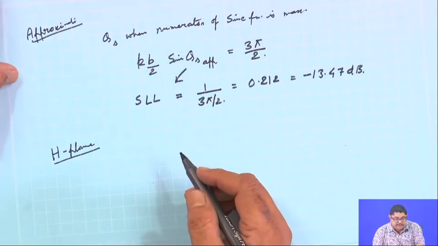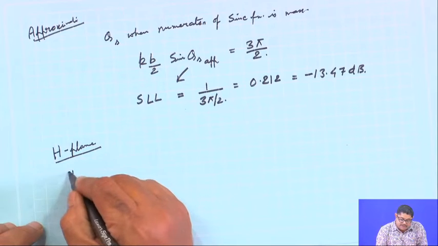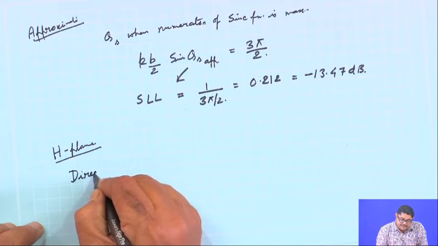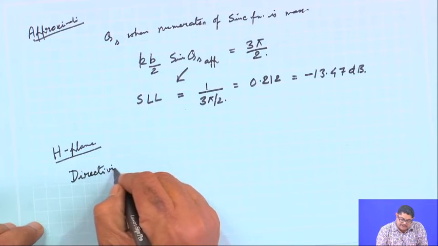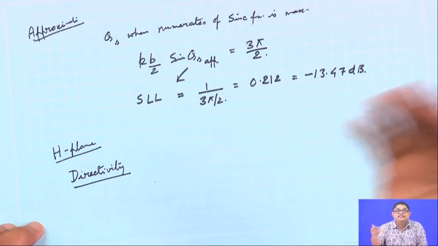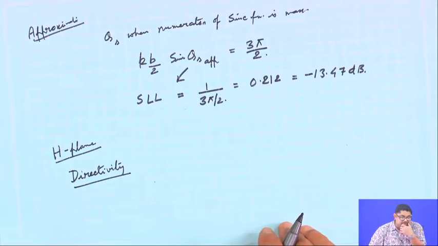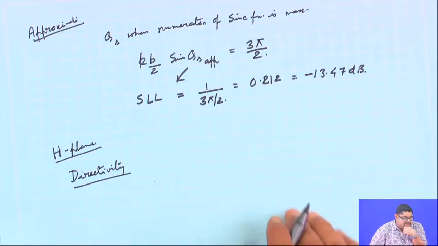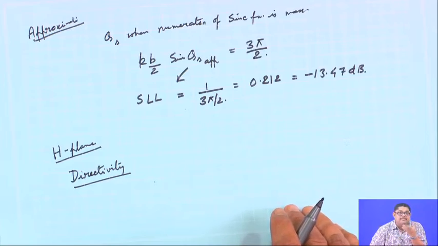Next thing that I want to say is, what about the directivity? That is an interesting thing, because now we know the fields E theta and H phi. So, we can find directivity, but if you want to do that, that means you find the PR from those E theta H phi expressions, you will see that there will be an integration coming, which is not so easy to solve, it is a cumbersome thing.